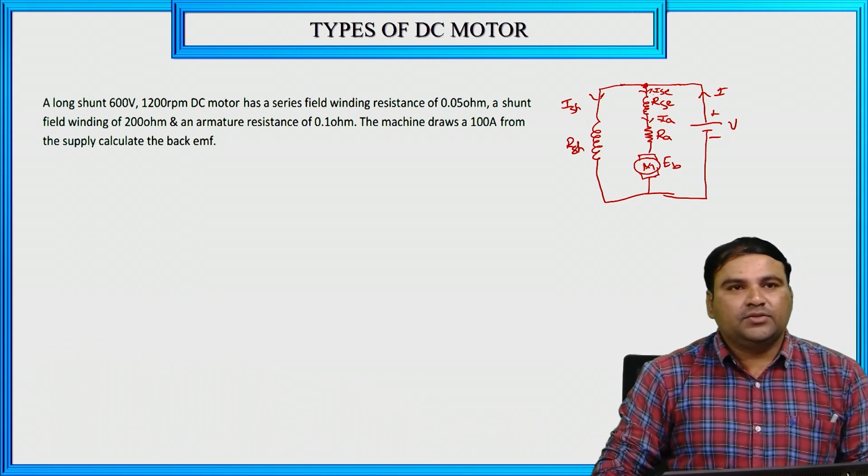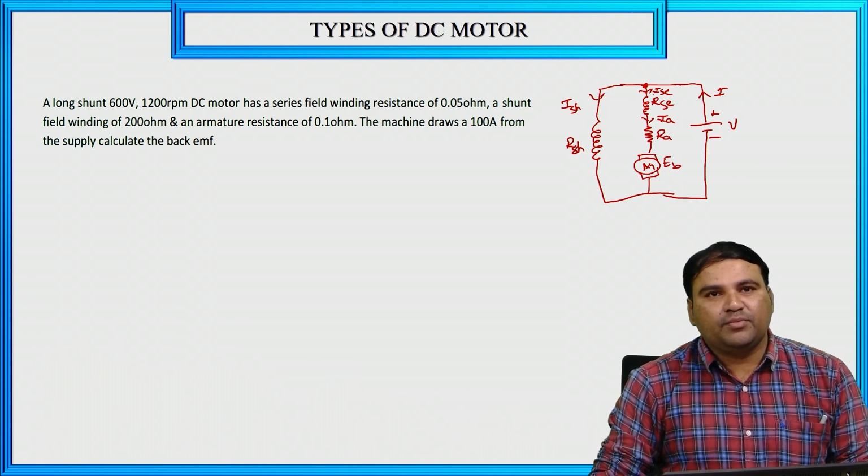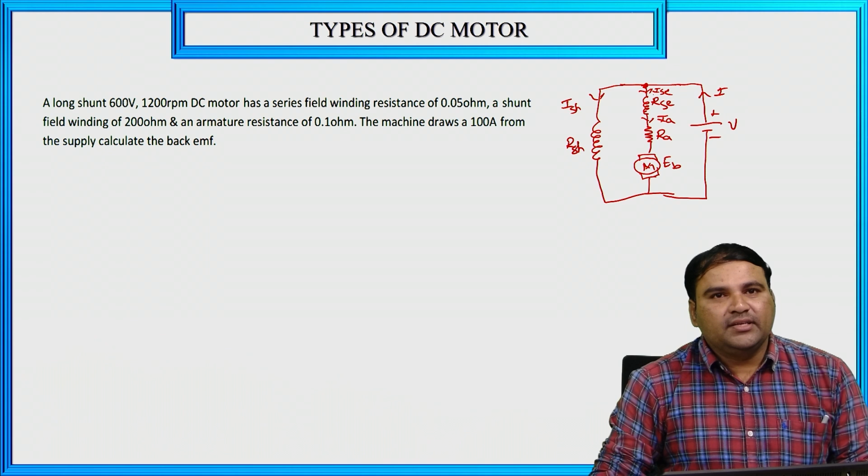Right? So now, a long shunt 600 volt, 1200 RPM DC motor has a series field winding resistance of 0.05 ohm, shunt field winding of 200 ohm, and an armature resistance of 0.1 ohm, and the machine draws 100 ampere from the supply.